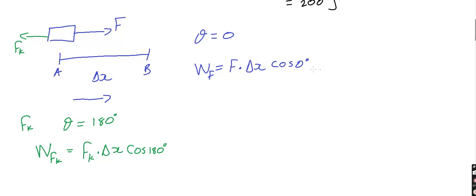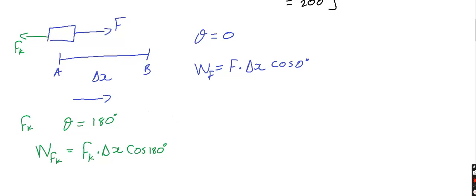Cos 0 is 1. But cos 180 is negative 1. So it means friction will do work in the negative direction, while this force F will do work in the positive direction. Now, we will substitute values when time is right. Your job is to take notes so that when I start working on problems, you can always refer back to these notes.